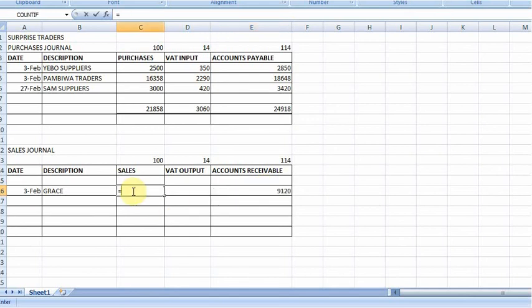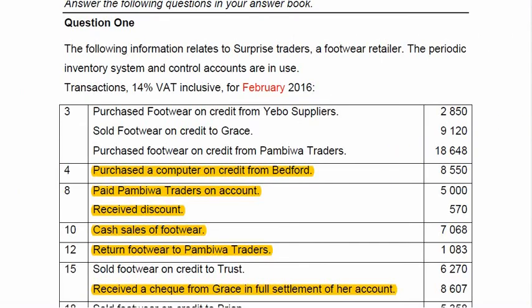For sales, I'm going to take the 9,120 and divide it by 114 and times by 100 to determine the sales value. For the VAT output, I'm going to say 9,120 divided by 114 times 14, and I will find my VAT output for that entry.